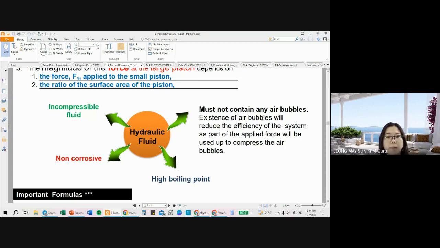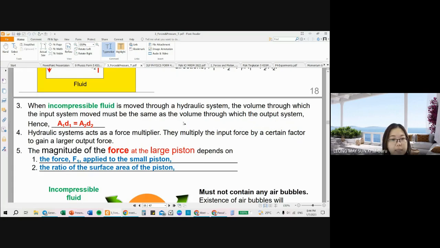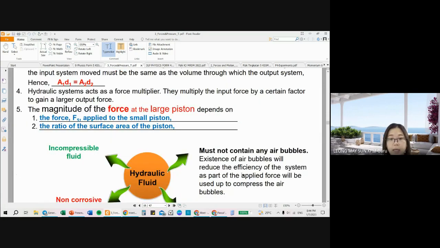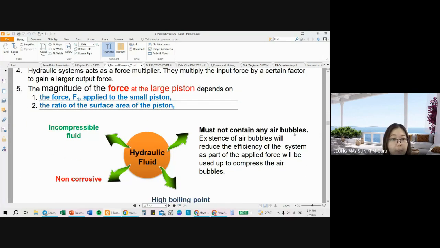Okay, number one, hydraulic fluid is the fluid that's inside the hydraulic system. It must not contain any air bubbles because the existence of air bubbles will reduce the efficiency of the system, as part of the applied force will be used up to compress the air bubbles. So the hydraulic fluid must not have air bubbles.